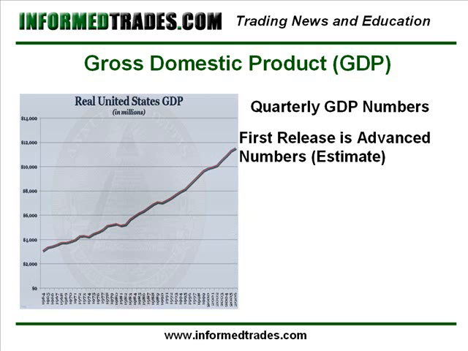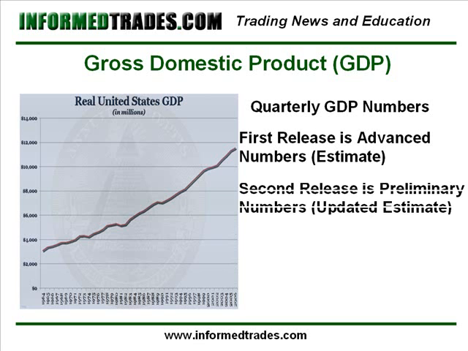So let's say after the end of the first quarter, in the next month, you're going to get the advance numbers, which is an estimate because they don't have all the data in, they haven't had time to pore over everything, etc. And that number is going to be watched closely because that's going to be the first hint or estimate, so to speak, of what the growth in the economy was for the quarter.